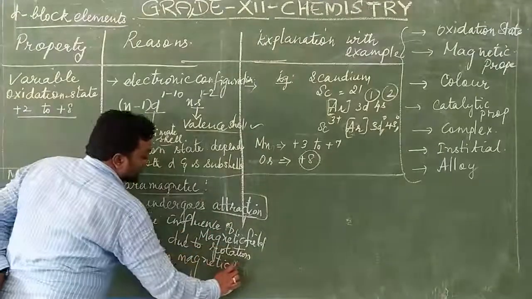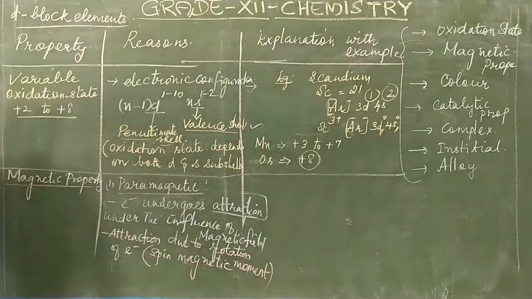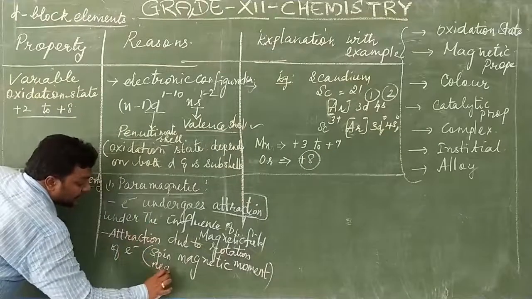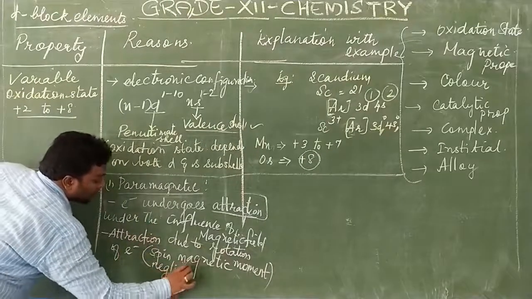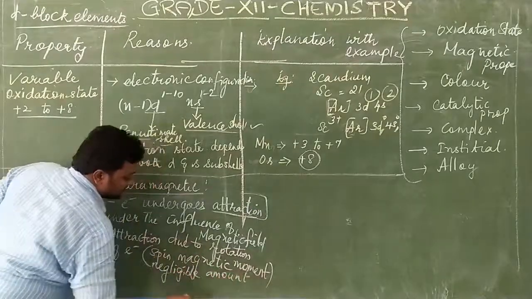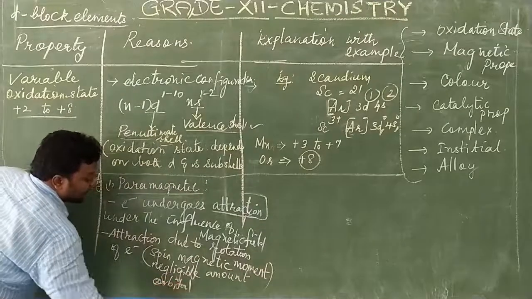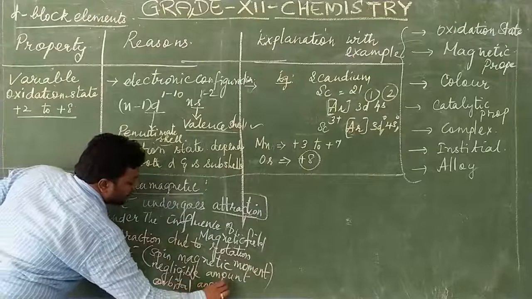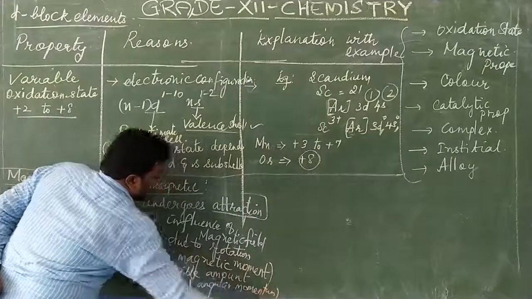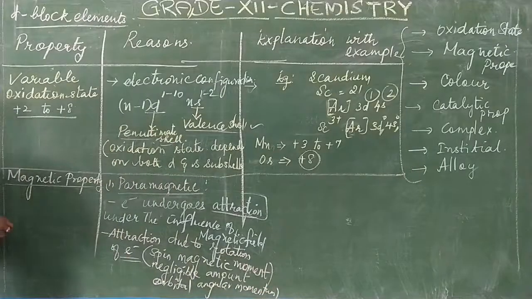So there is spin magnetic moment, Bohr magneton, and only a quenchable or negligible amount of orbital angular momentum. This I also told you, the angular momentum is less.